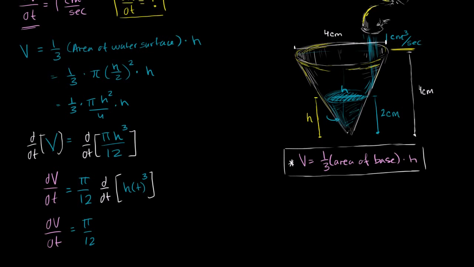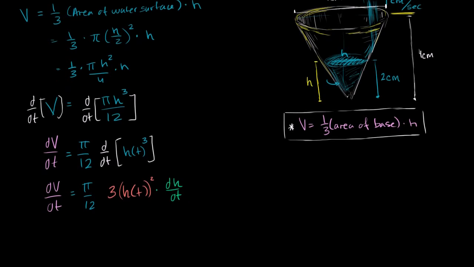That's going to be 3 times our something squared, times the derivative of that something with respect to t, times dh dt.